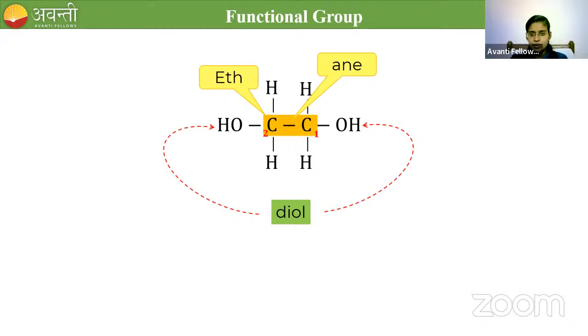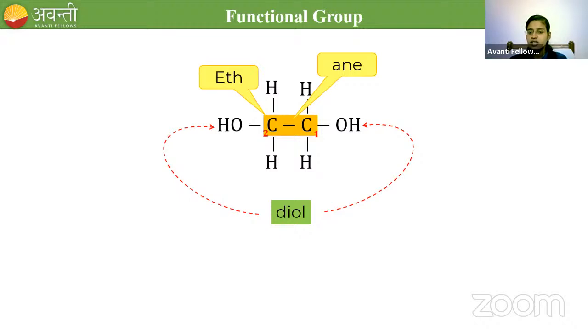I have given all the information. You just need to find out the name. What is the name of this compound? Try the name. The root word is eth. Suffix is ane.